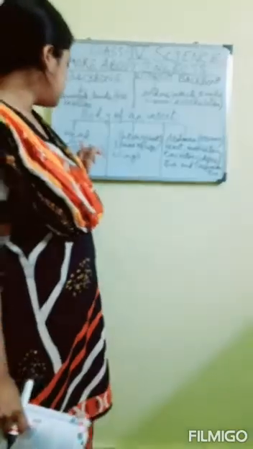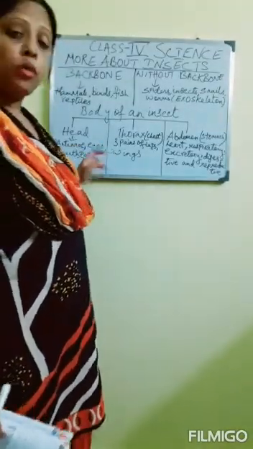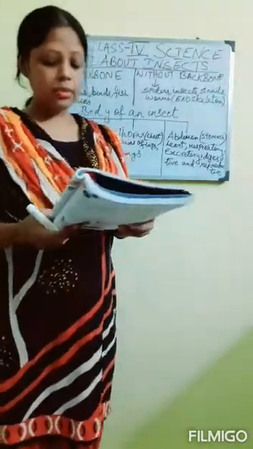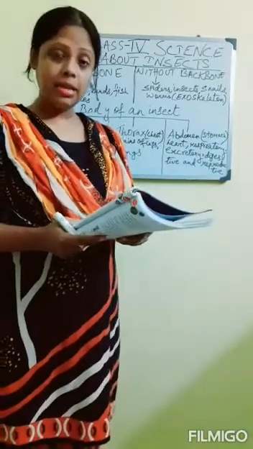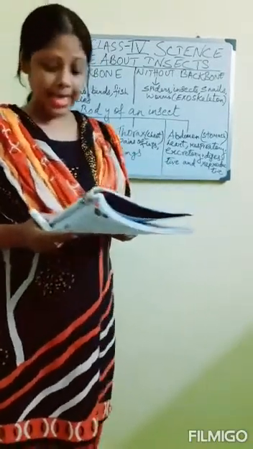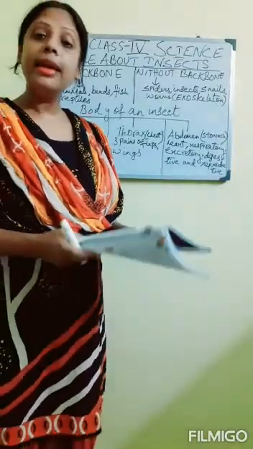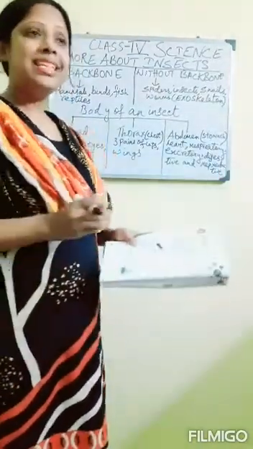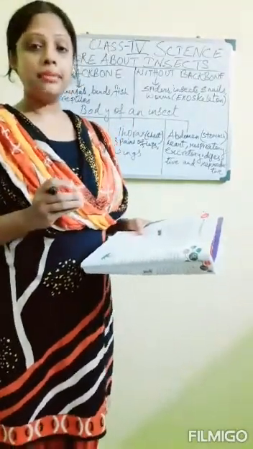The head consists of an antenna, eyes and mouth parts. If you see the book, insects have a pair of antenna, then a pair of eyes and mouth parts. Where do they have this? On their head.